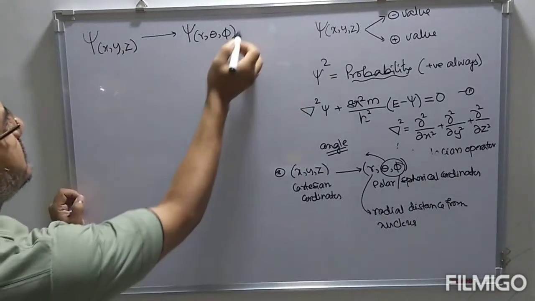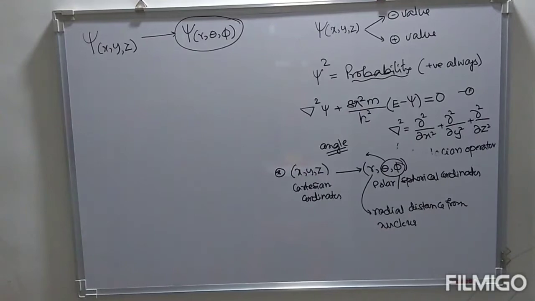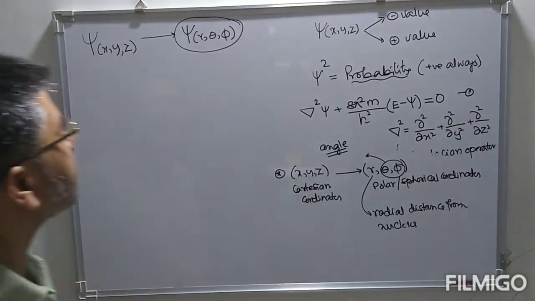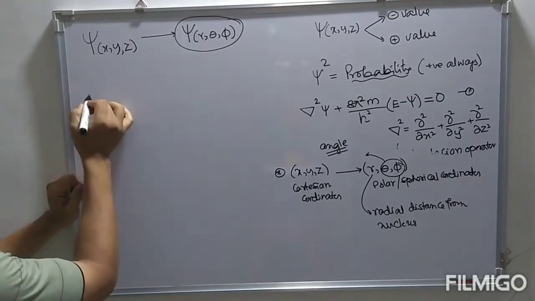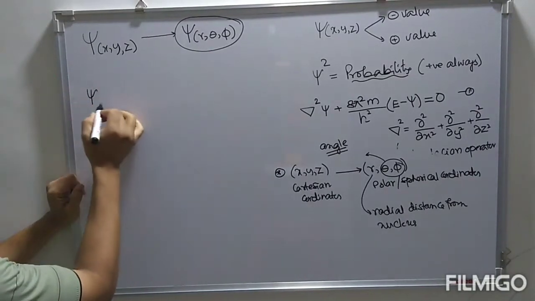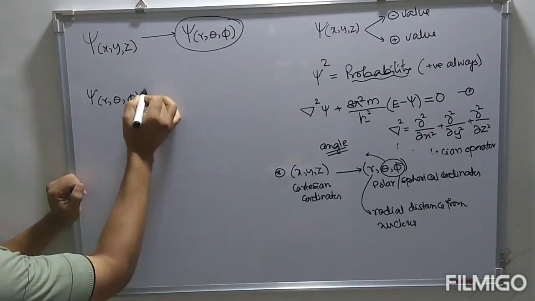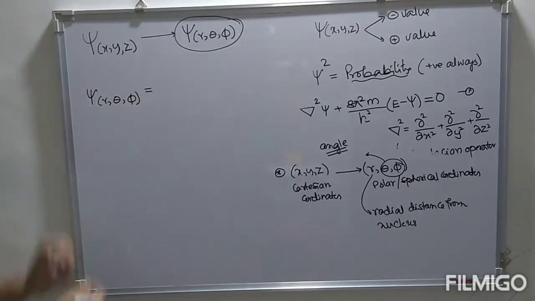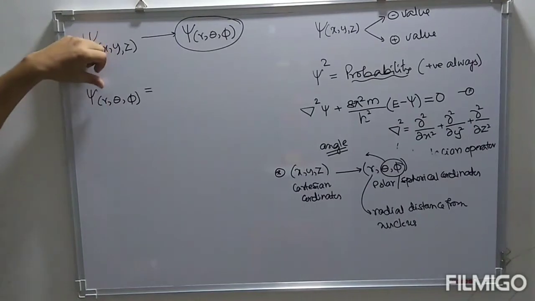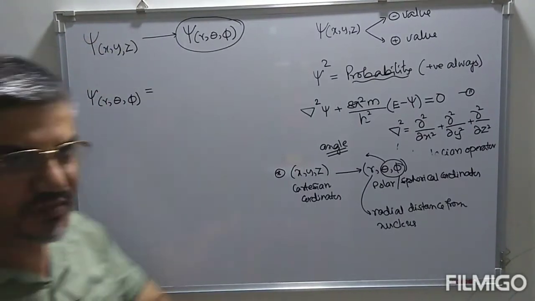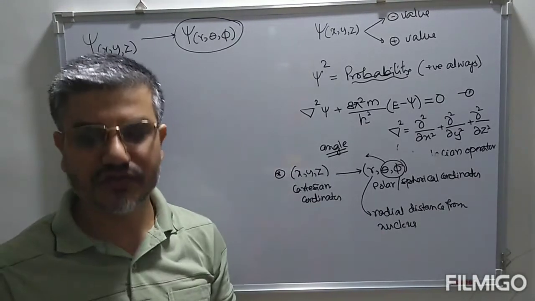So instead of the former, we will be using psi(r, theta, phi) to define an electron in an atom. This total wave function, which depends on the coordinates r, theta, and phi, can be split into three different wave functions.